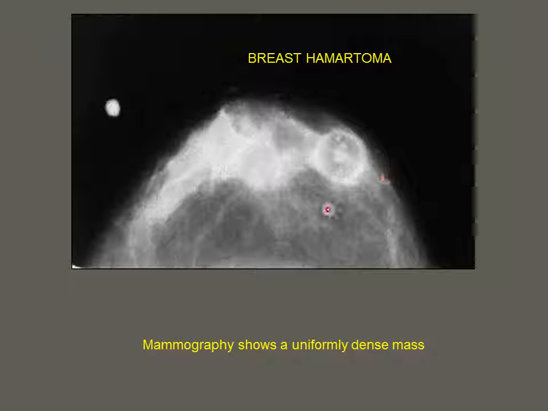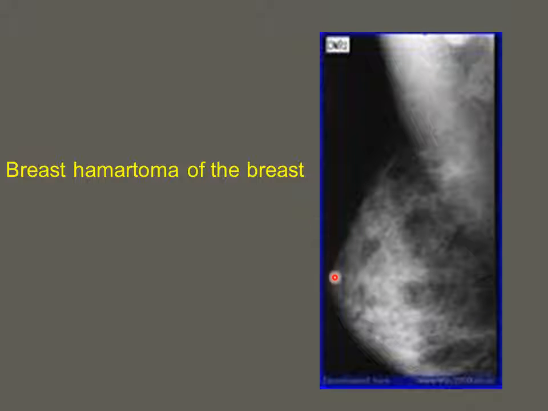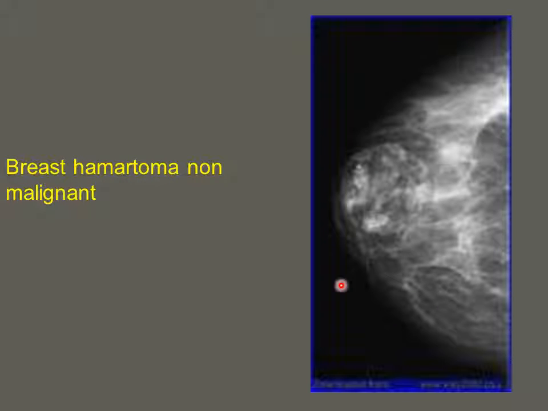Another uniformly dense mass, breast hamartoma. Breast hamartoma of the breast. Breast hamartoma, non-malignant. Same character, pseudocapsule containing hypoechoic areas, fatty tissue. Same density like breast tissue, breast within breast.